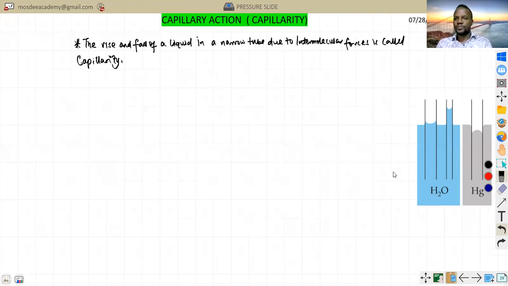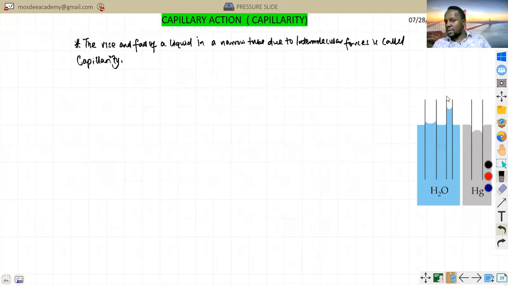So moving on, my dear student, to the force or the rise and fall. We know that if we put a narrow tube inside a fluid, the fluid will flow through it. Let me use simple English. And again, the narrower the tube, the more the increase in the level of the fluid. You need to understand that.